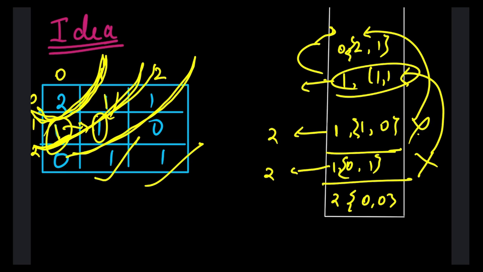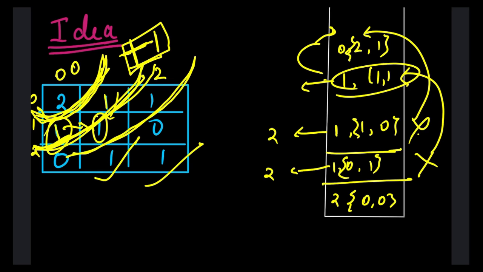But how to track minutes? That is the main question, right? So we will track minutes by every time we make some oranges rotten, we will count it as plus 1. Every time I visit its neighbor, I will increment the count of minutes.